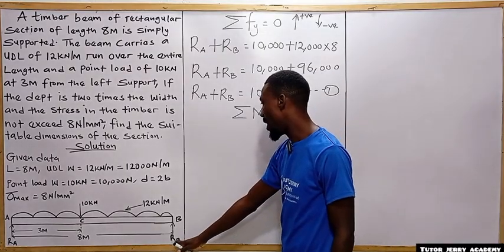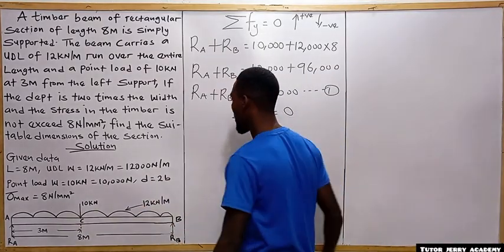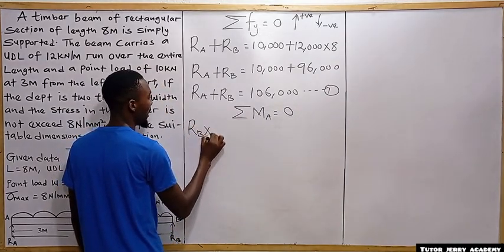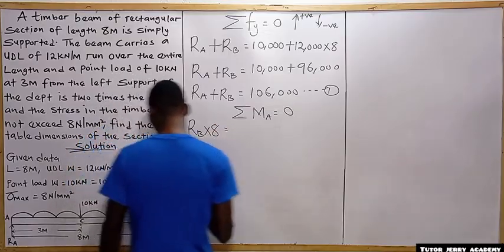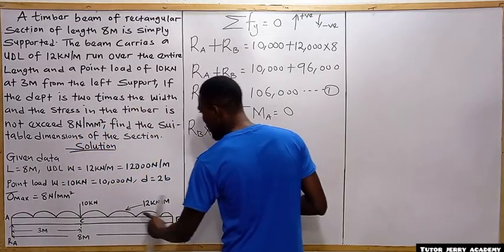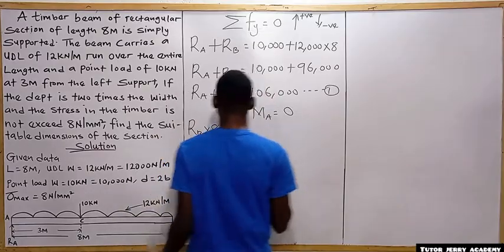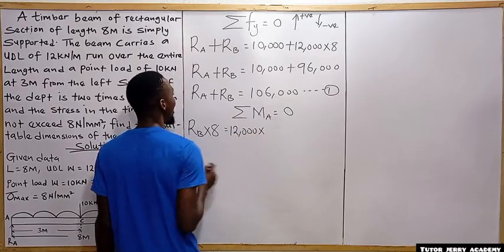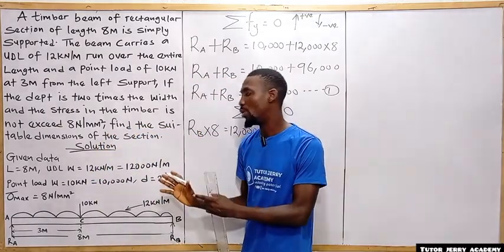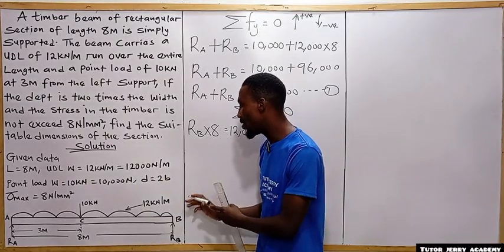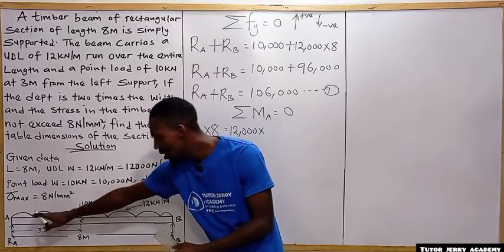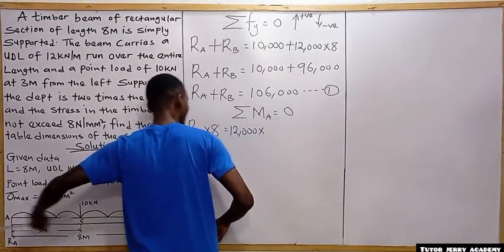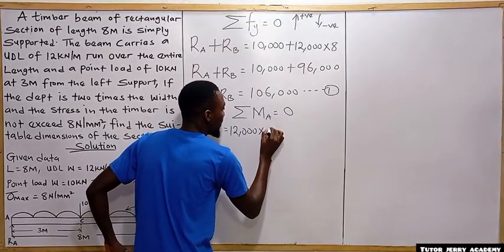So RB multiplied by 8 will be equal to our uniform distributed load, 12,000, multiplied by the total distance over which it acts, to convert it to a point load, which is 8.